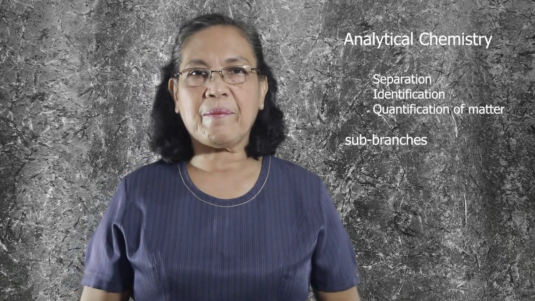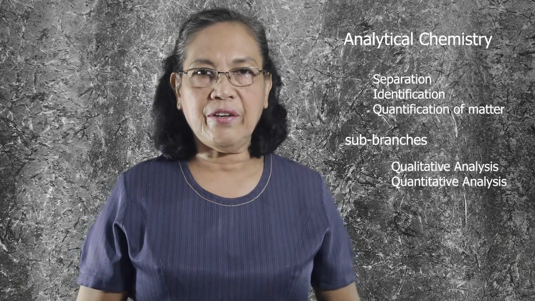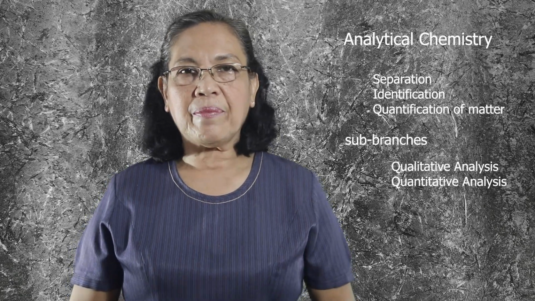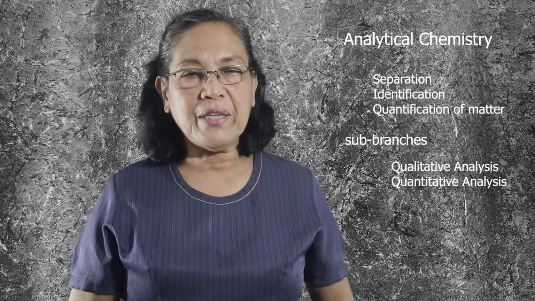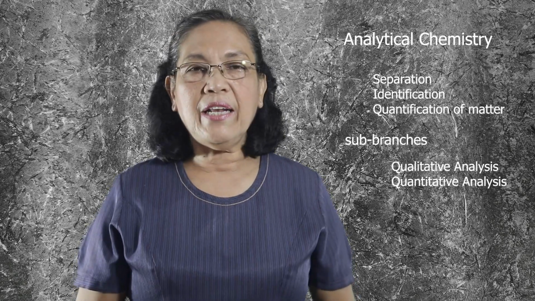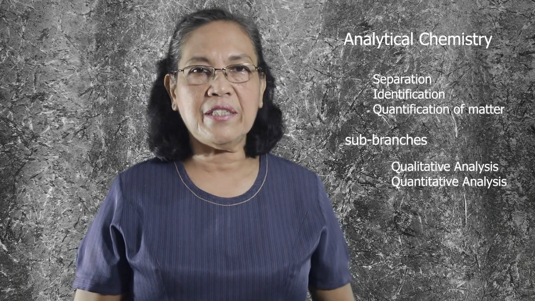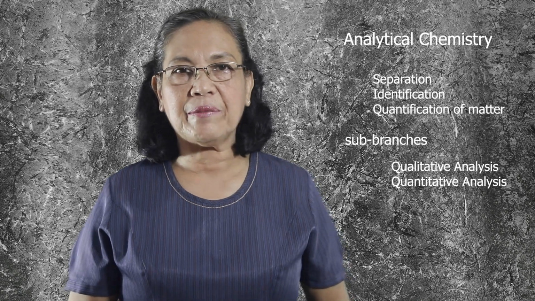There are 2 sub-branches of analytical chemistry. One is the qualitative analysis, and 2, the quantitative analysis. Qualitative analysis involves the determination of what is present in a sample, while the quantitative analysis involves the determination of how much is present in a sample.